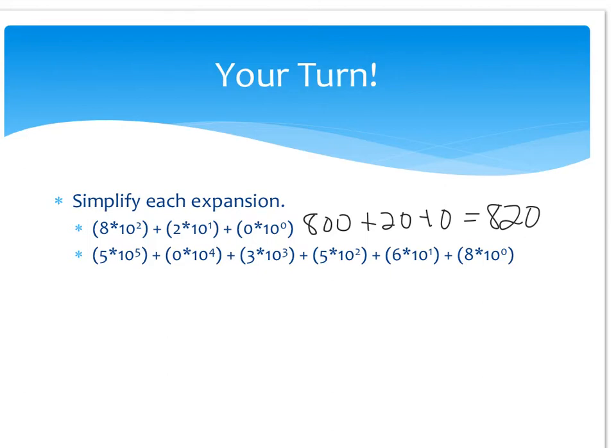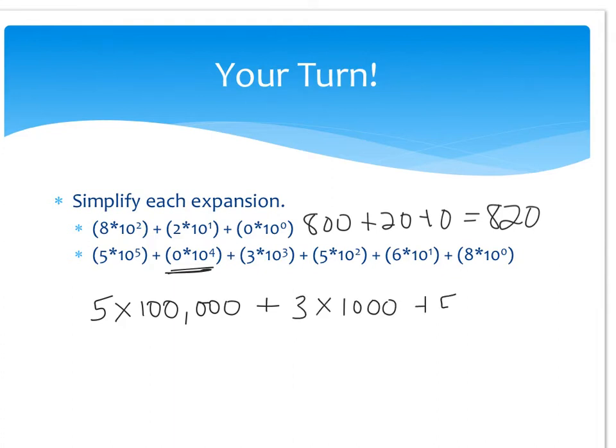The next one is a lot bigger of a number. So looking at this, we have 5 times 100,000, because that's 10 to the fifth. We don't have any 10,000s, that's why there's a 0 there. We've got 3 times 1,000, 5 times 100, 6 times 10, and then 8 in the ones place.